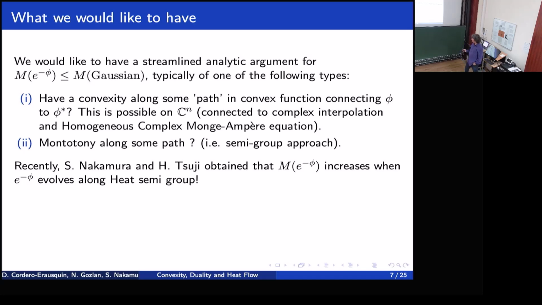Okay, but in their paper, this is obtained as a byproduct. This is not proven directly. They work with some other functional that is related to the Laplace transform, and they obtain the result for the Legendre transform by a limit.